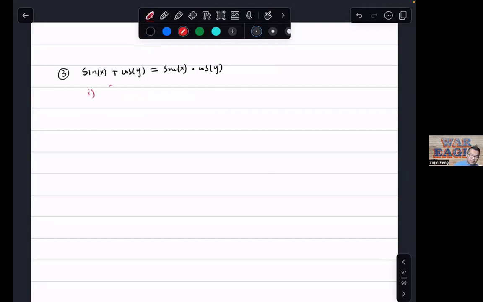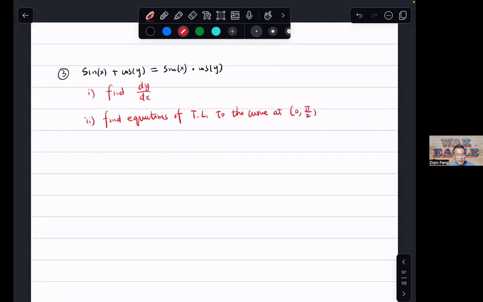First, find dy over dx, the derivative of y about x. Second, we want to find the equation of the tangent line to the curve at the point (0, pi over 2).